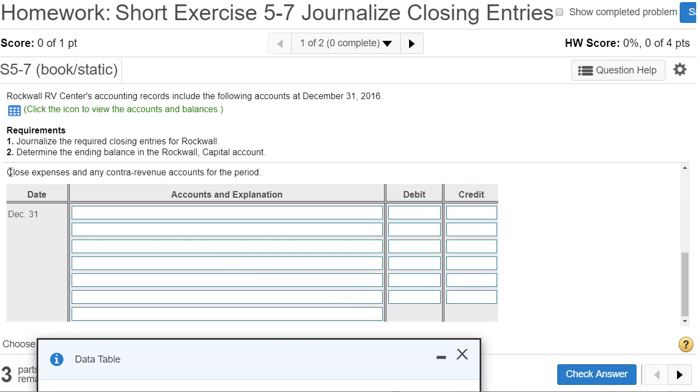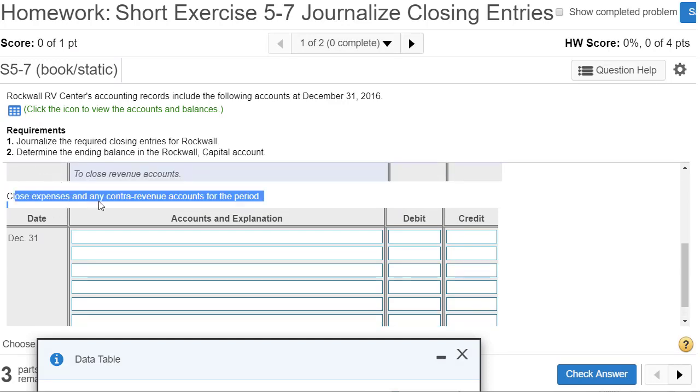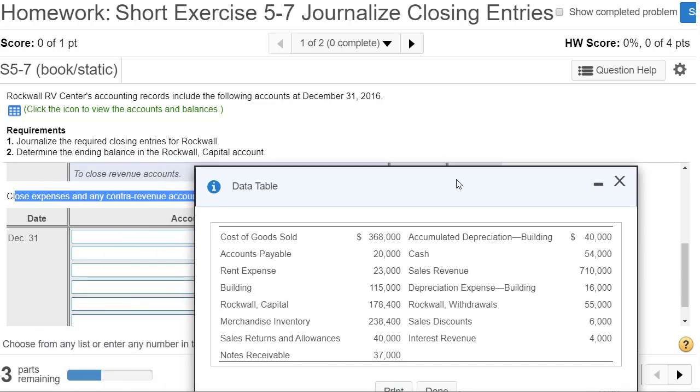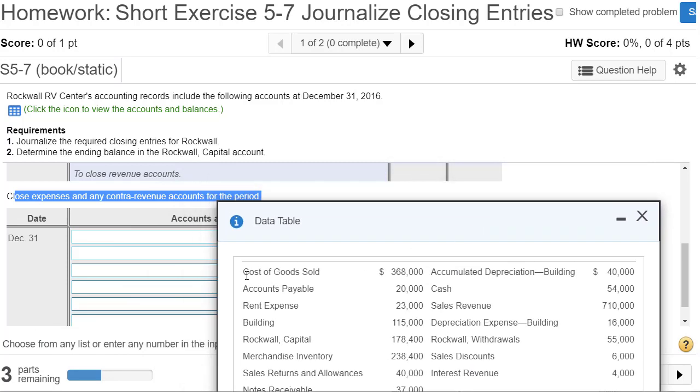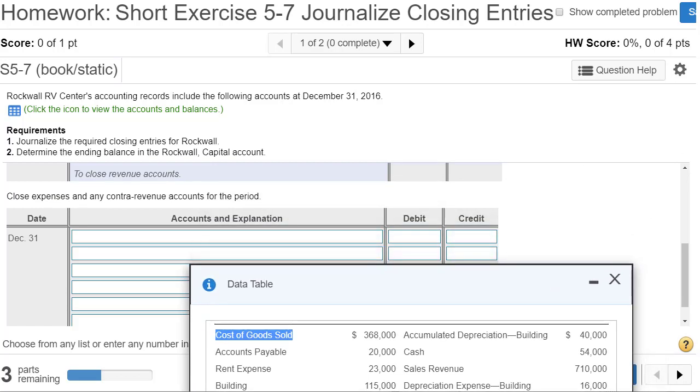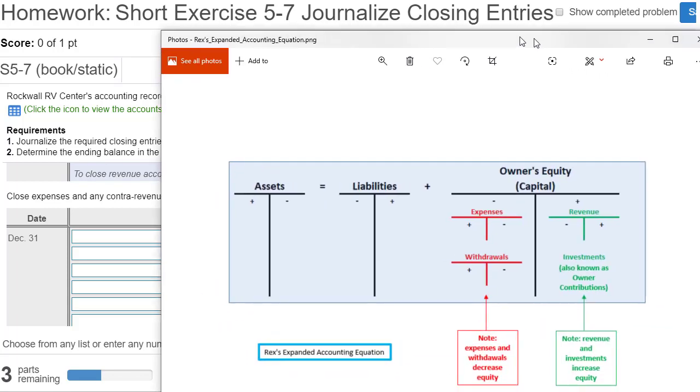Next transaction, we're going to close expenses and any contra revenue accounts for the closing period. So let's first find our expenses. We're going to start up here. So is cost of goods sold an expense? Yes, it is. And let's review the accounting equation.